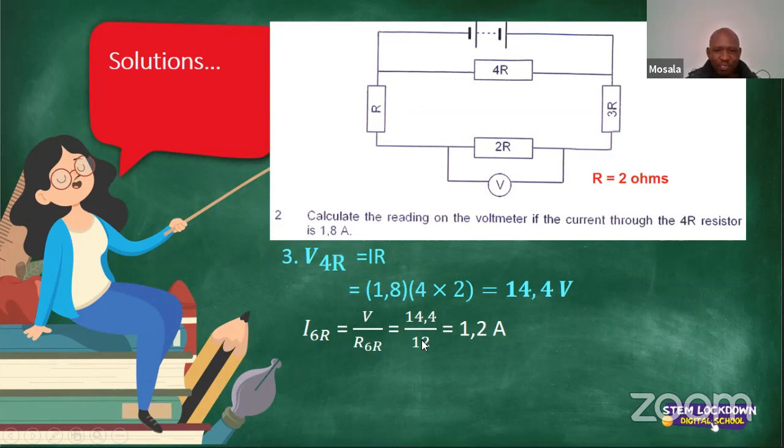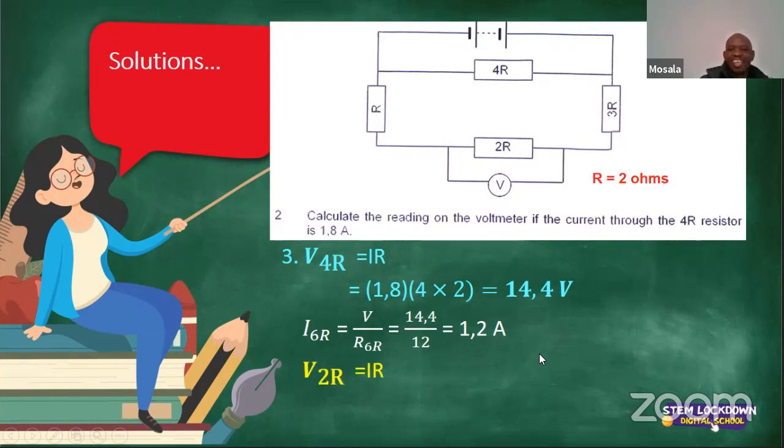Where do we get 12 from? It's 6R. The value of R we have said is 2 ohms. So it is 6 times 2, which is 12. So the current that is flowing here will be 1.2 ampere.